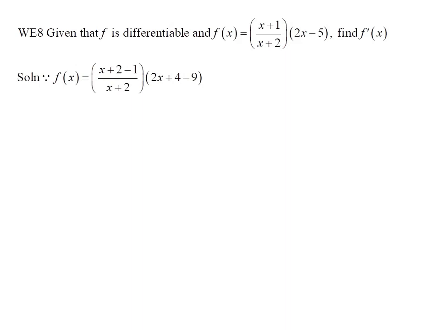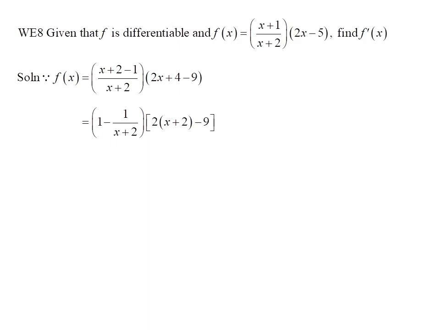Accordingly, f of x is written as the fraction of x plus 2 minus 1 all over the product of x plus 2 and 2x plus 4 minus 9, which is simplified to 1 minus the reciprocal of x plus 2, all times the bracket 2 times x plus 2 minus 9.